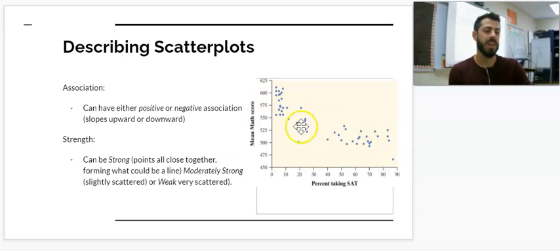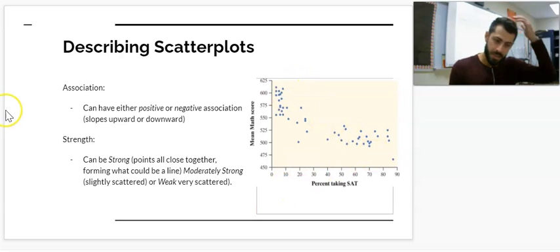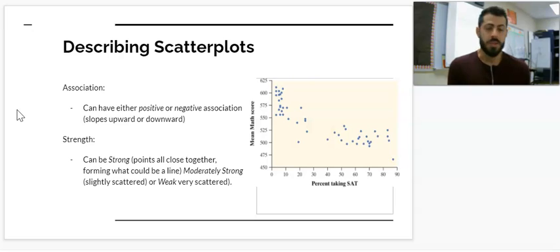This scatter plot picture has a roughly negative association. It starts off in the top left corner, and it ends up in the bottom right-hand corner. There's some zigzagging along the way, but for the most part, it follows a negative pattern. Strength. The strength of a scatter plot, or the strength of a relationship, describes how close together the points are, right?